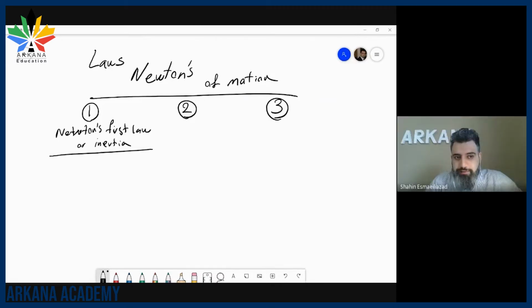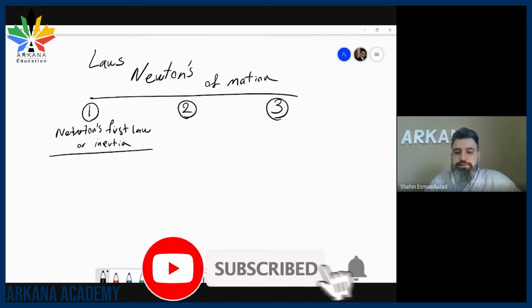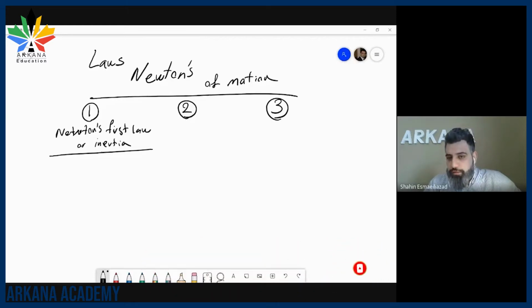If objects are at rest or moving with a constant velocity, we can conclude that the combination of all external forces is equal to 0. So the equation coming from this law says that the combination of forces, considering all the forces acting on an object, if that object is not moving, or if it's moving with a constant velocity, in both cases, is equal to 0.